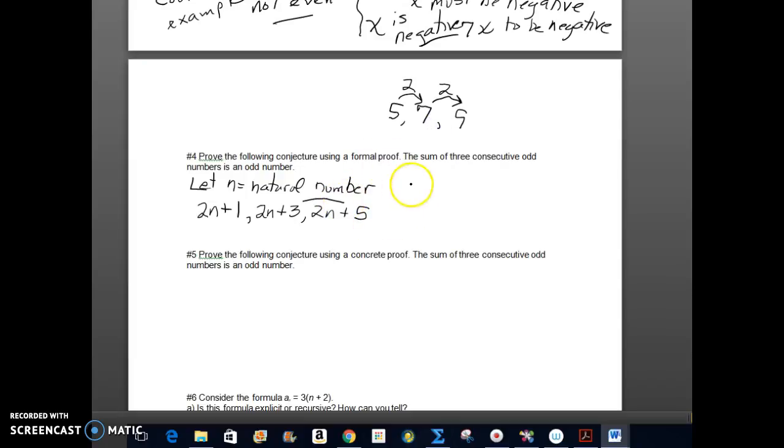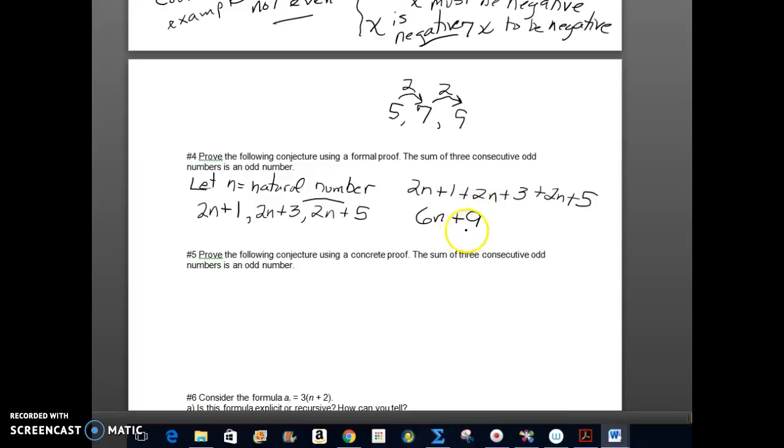All right, I need to find the sum. 2n plus 1 plus 2n plus 3 plus 2n plus 5. All right, let's put this together and see what it looks like. 2n plus 2n plus 2n, that is 6n. And I've got 5, 6, 7, 8, 9.